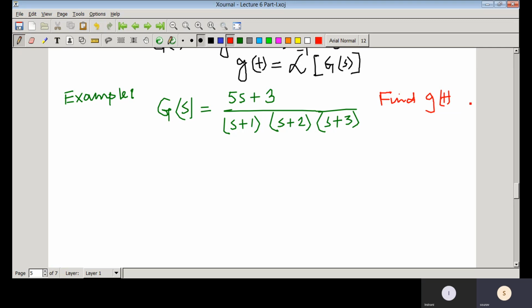We will first find the partial fractions of this function, and I hope you have all heard the name Oliver Heaviside.